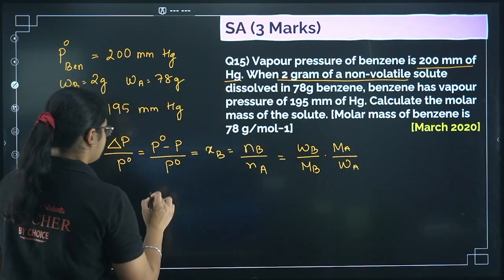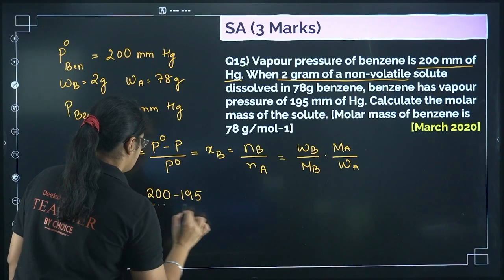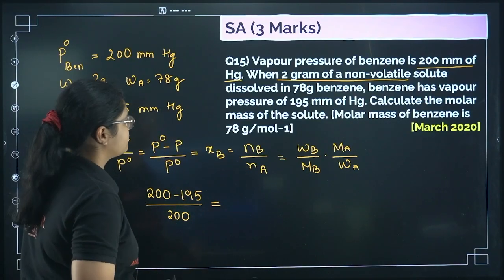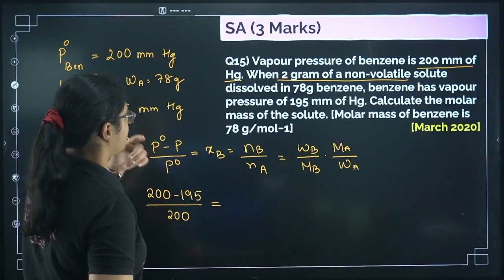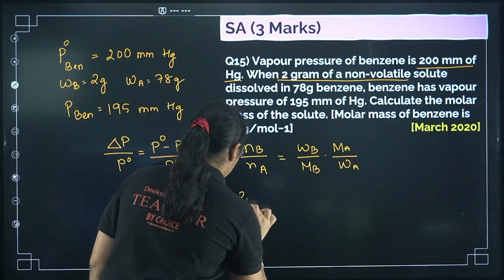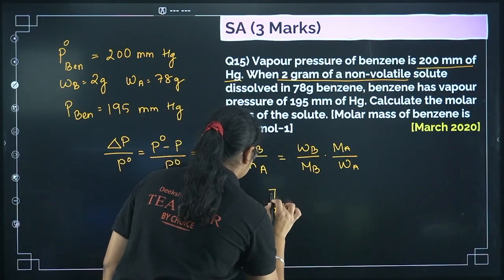What is P naught value here? 200, 195 divided by 200. Okay, NB, number of moles of the solute. What is the solute here? It's a non-volatile solute. So 2 gram divided by X, and here I have 78 and 78.